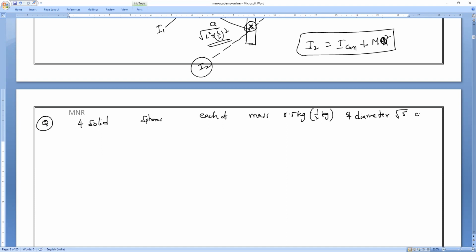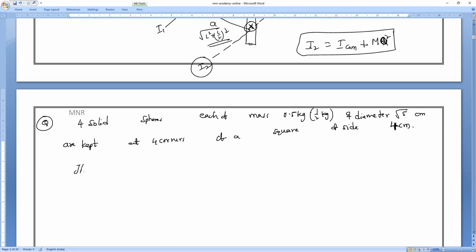diameter root 5 centimeter are kept at four corners of a square of side 4 centimeter. So what is each side of a square, everybody? Yes, 4 centimeter.